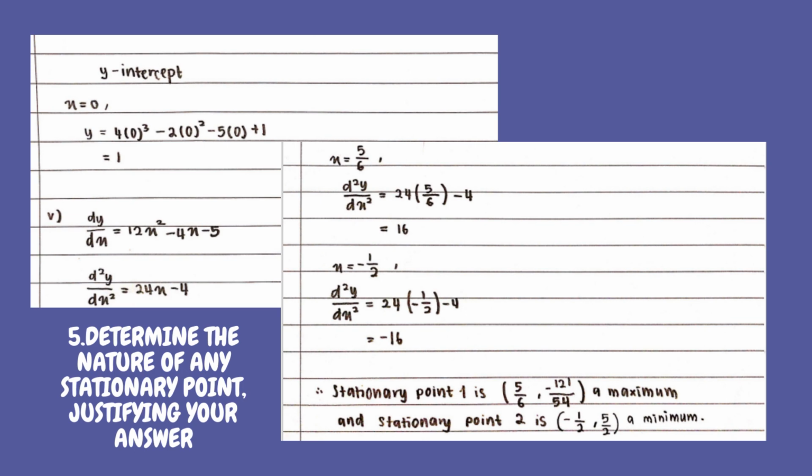To become a second degree differentiation, d squared y over dx squared equals to 24x minus 4.